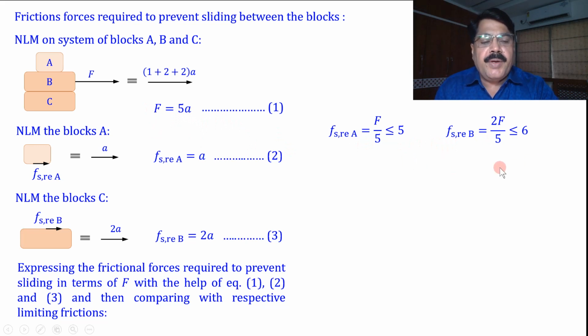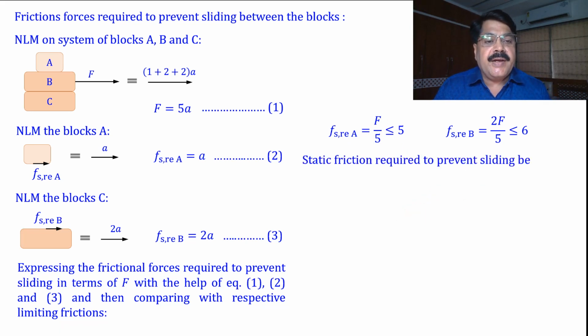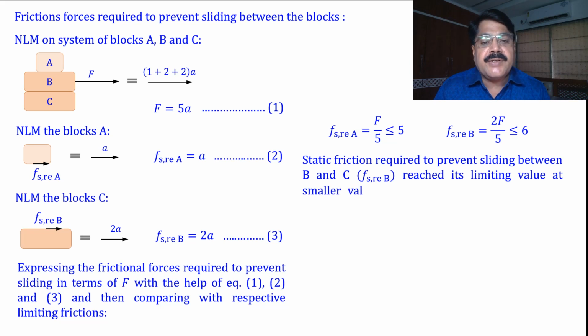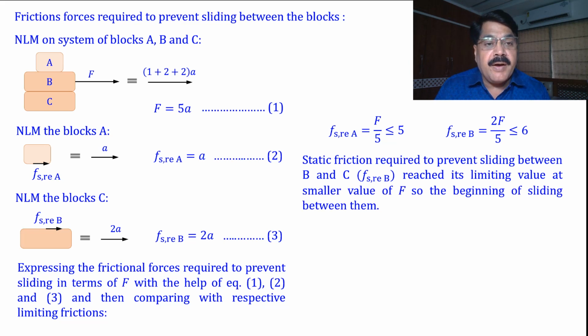Now you can see from here which force required reaches its limiting value at a lesser value of force F, which is apparent from these two equations. Static friction required to prevent sliding between B and C, f_sreB, reaches its limiting value at a smaller value of F. So the beginning of sliding between them will become earlier.